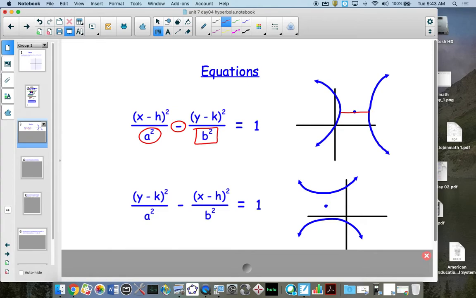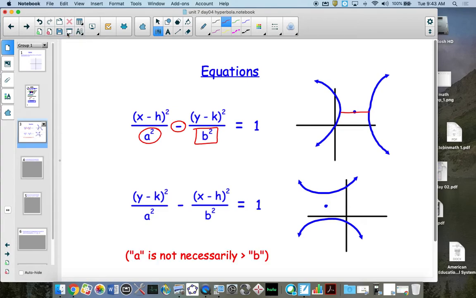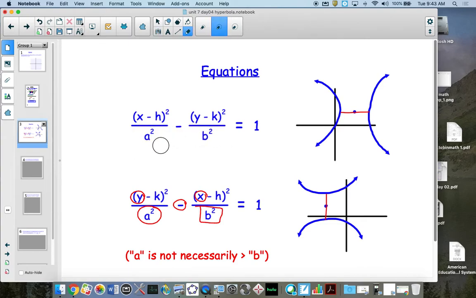So even when we take our other orientation, where it's opening upward and downward, so now our transverse axis is vertical, now the y term goes first, and then minus, and then the x term. And notice we still have a squared in the denominator of the first fraction and b squared in the denominator of the second fraction. Alright, so those are some of the important things to know about the two different equations.